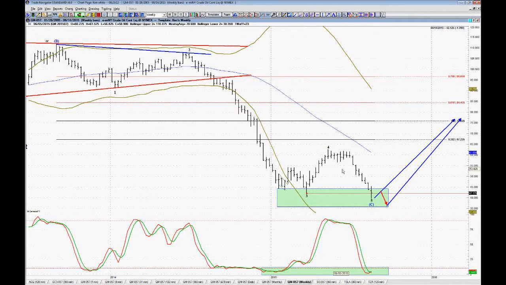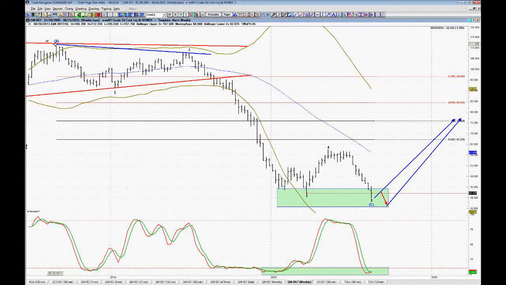What happens when an Elliott 5-wave decline ends? A three-wave bounce follows. Where does that three-wave bounce go? Well, according to Elliott, it often goes halfway back to its origin.